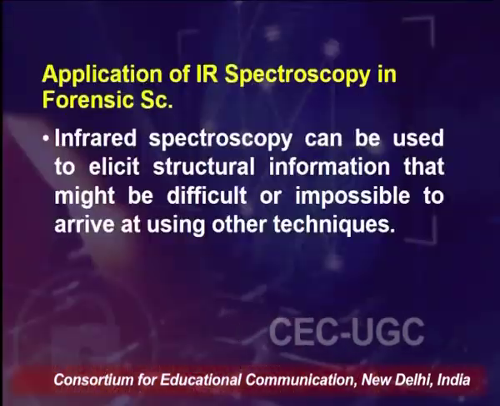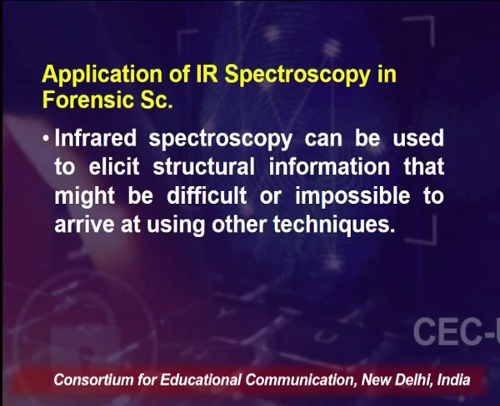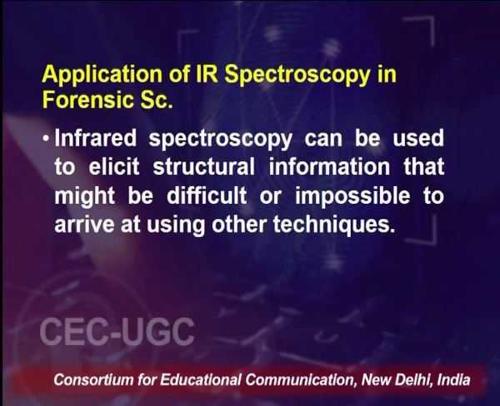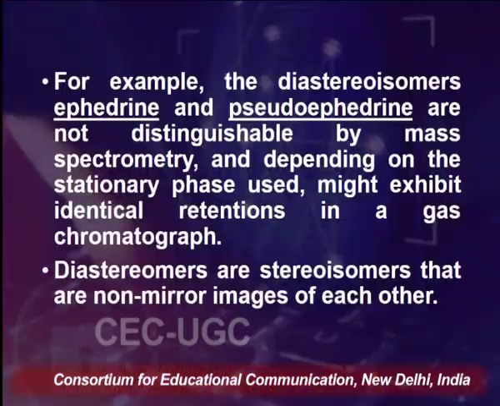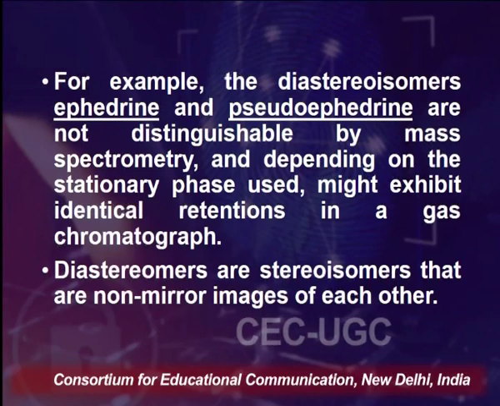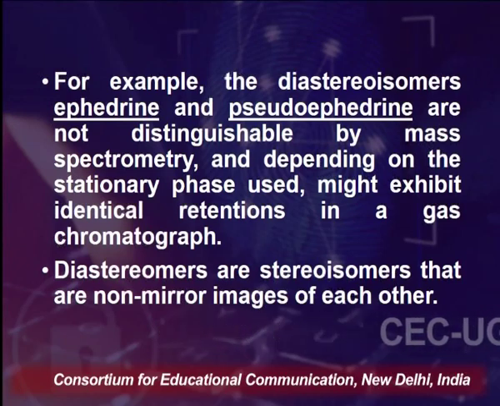It can also be used to elicit structural information which is difficult or impossible to arrive at using other techniques. So, all the structural information can be analyzed using IR spectroscopy. Another example, there are diastereoisomers, for example, ephedrine and pseudoephedrine.